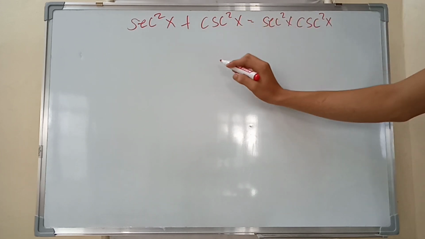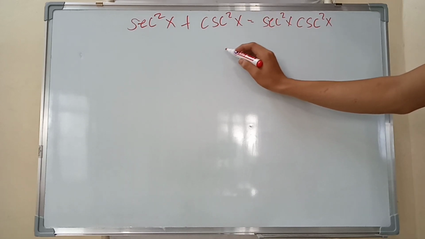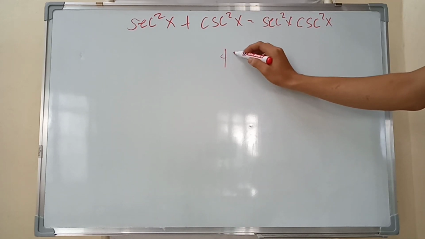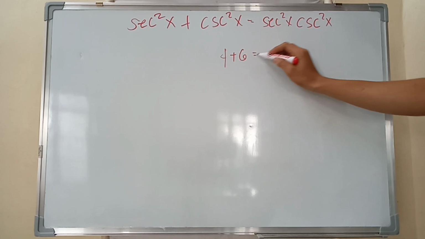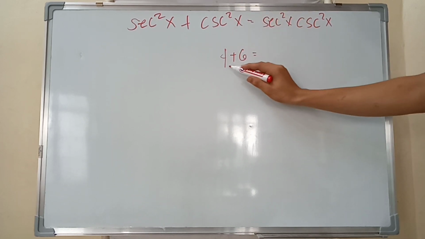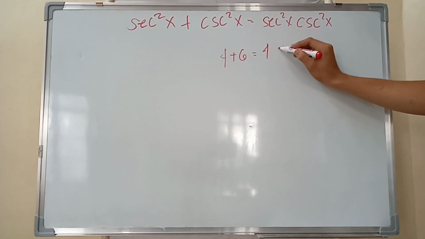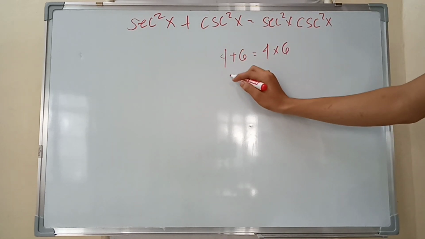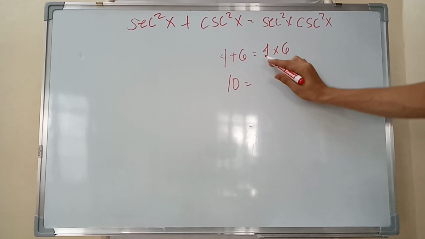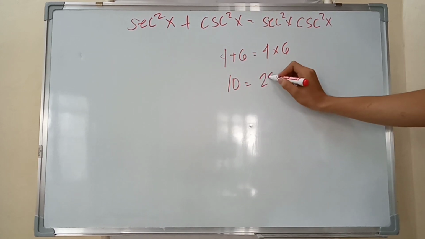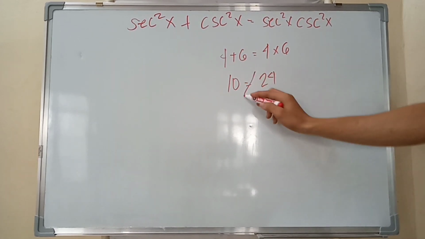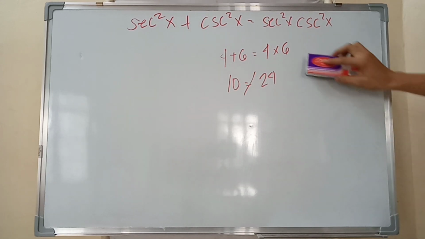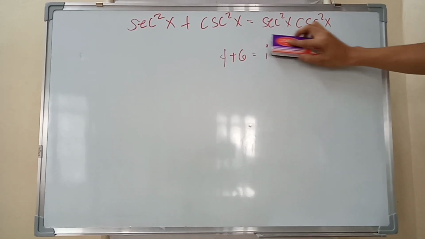Kasi nga, 'di ba, kunwari, magbigay tayo ng example na constant, which is 4 plus 6 is equal to 4 times 6. Mapapansin naman natin ito magiging 10. Ito naman 4 times 6 is magiging 24. O, 'di ba, hindi siya equal. Pero i-solve natin ito kung magiging equal nga ba.